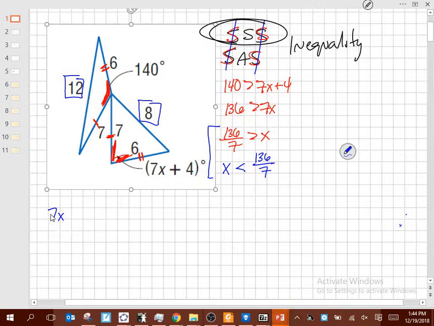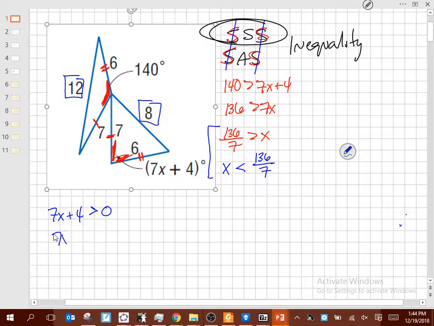In this case, we only have the angle, so we say 7x plus 4. And now we're going to force that thing to be what kind of number? It always has to be positive. So in inequality terminology, to say that we have a positive number is to say it's greater than 0. That says whatever this angle is, greater than 0 means it's positive.